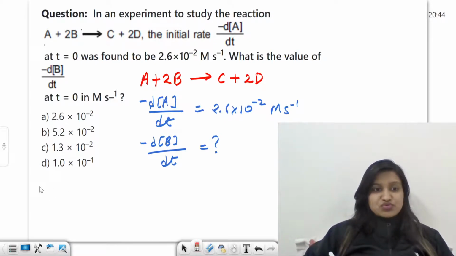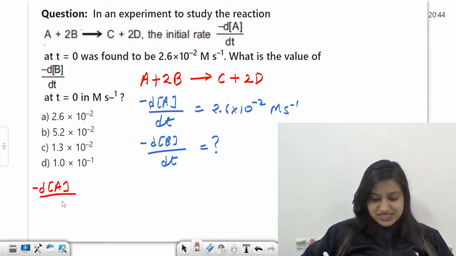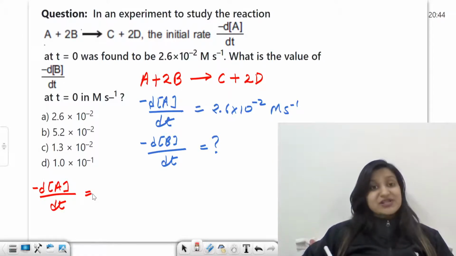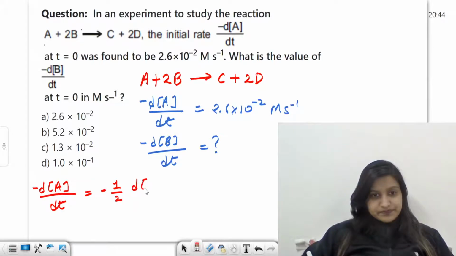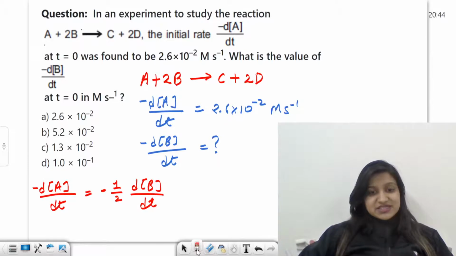According to the reaction, it will be equal to minus dA by dt, which will be equal to minus 1 by 2 dB by dt. Correct? Now we just need to calculate the value of minus dB by dt.